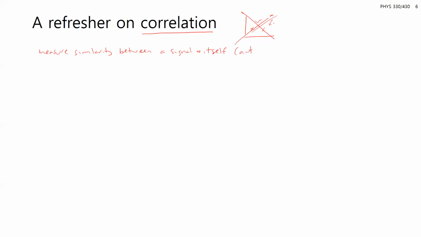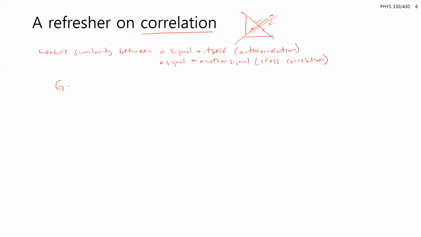Would be autocorrelation, which is what we're doing in FCS so far, or a signal and another signal, which would be cross-correlation. And we'll talk about how that's used in FCS as well.